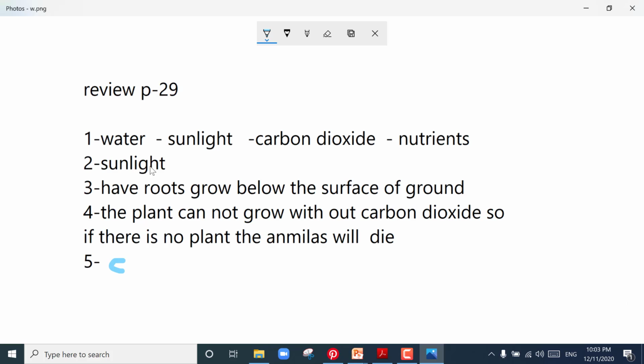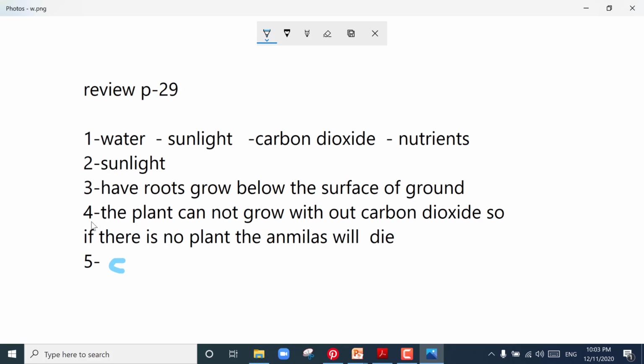Now here are the answers of the review of page 13. We have water, sunlight, carbon dioxide, and nutrient. Also, we have sunlight here. And question number 3, roots grow below the surface of the ground.